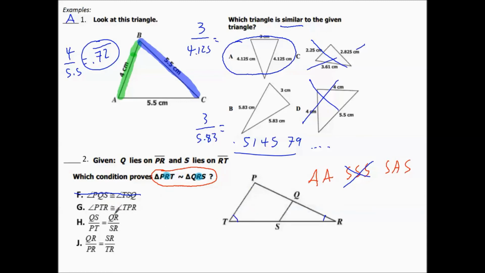PTR congruent to TPR. Oh, that almost would have worked, but the two angles that we have here and here are only a part of the big triangle. Like we said, P has to be congruent to Q, RQS, or T has to be congruent to this angle down here, QSR. So, unfortunately, the easy one, angle, angle, is out.